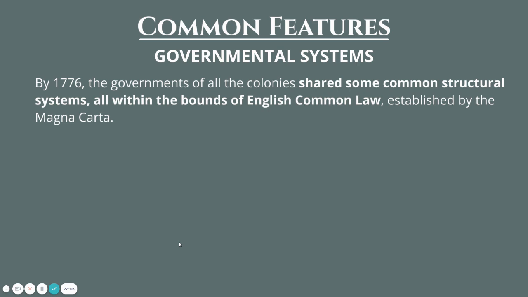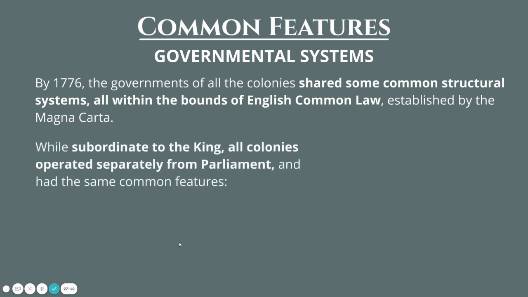So 600 or so years later, those individuals, while still subordinate to the king, still have some semblance of say. That's the whole idea of English common law, that the king himself needs to be bound by law created by man, and not by God. So all the colonies are still subordinate to the king, but will follow some general principles and will still have some semblance of agency.